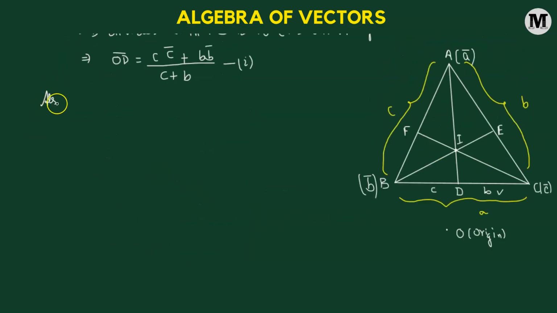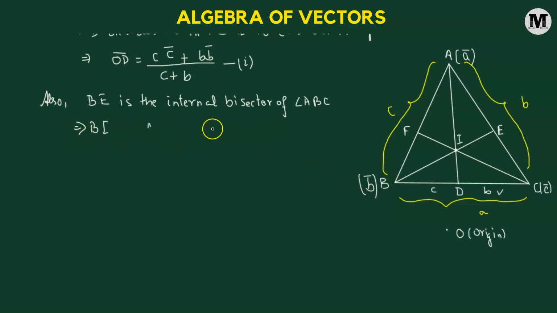Also, from this figure, we can say that BE is the internal bisector of angle ABC. We can also consider BI to be the internal bisector of angle ABC. It means exactly the same thing.